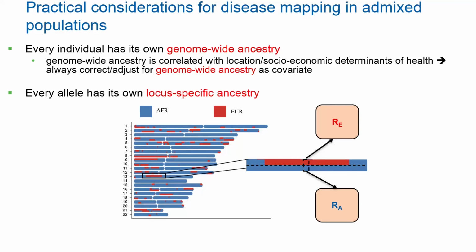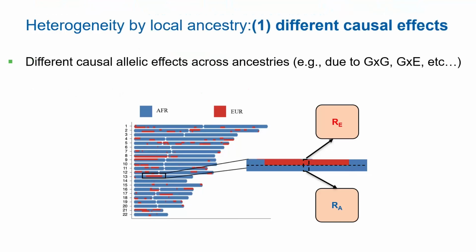Here I'm showing you an example of an individual that is admixed European and African, and you see an allele that's potentially causal having an effect size on the African background or the blue background here, or a red background. So the fact that these alleles appear on different backgrounds allows us to ask whether these effects by ancestry are distinct or not in these populations.